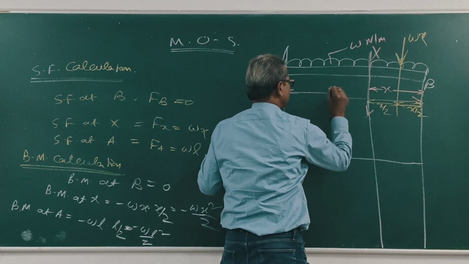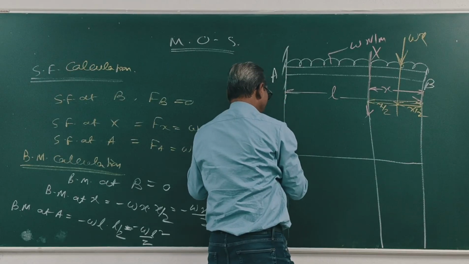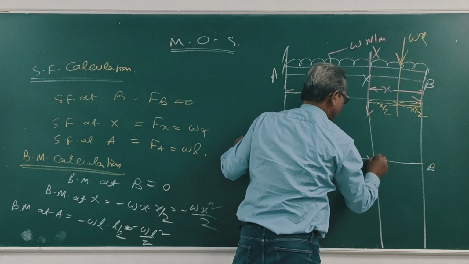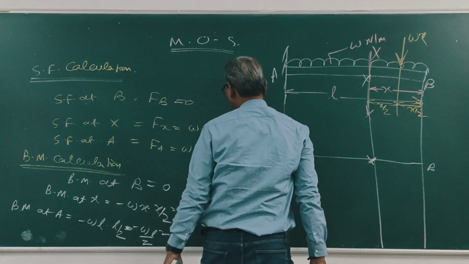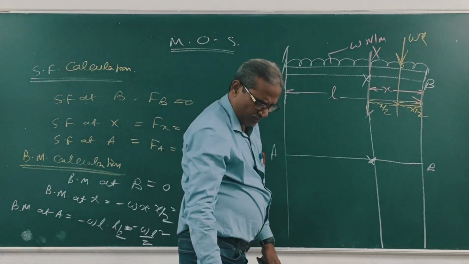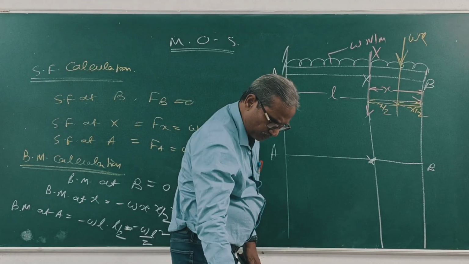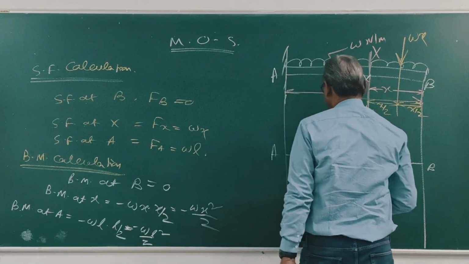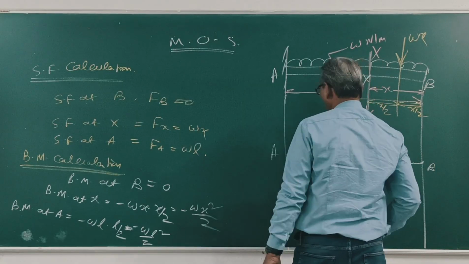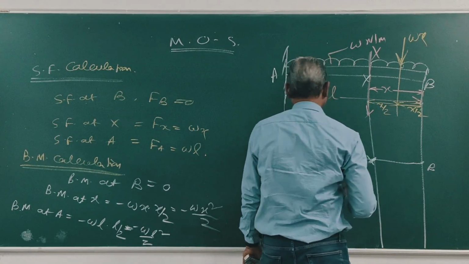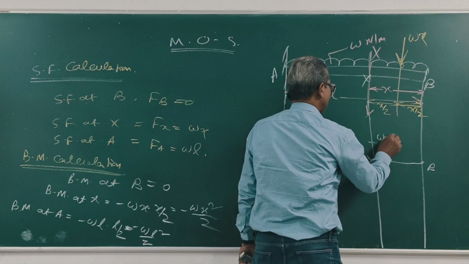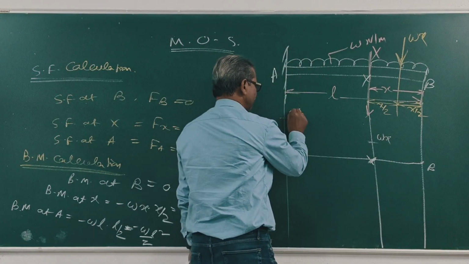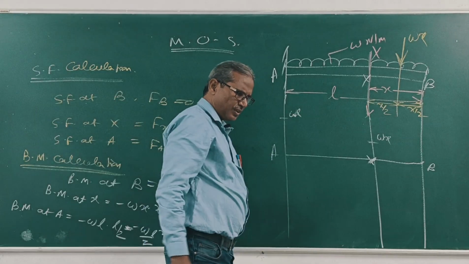This is point X, between A and B. Clear? At B, shear force is 0. At X, w x. At A, w L. Right?